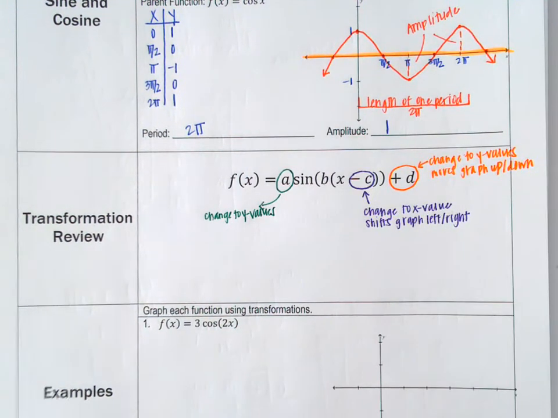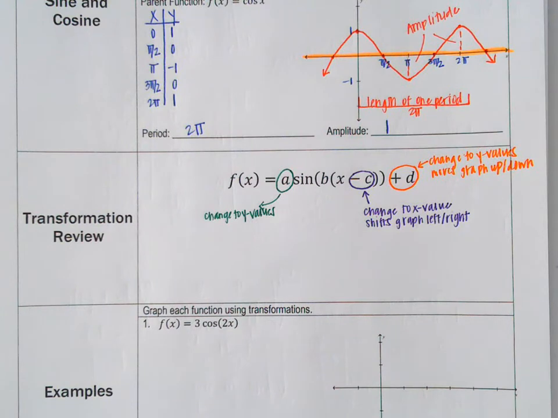And remember with A, I referenced those exercise bands. So it's like when we pull up on the exercise band, it stretches it. And when we let go of the exercise band, it's like a compression. It's like getting wider. And that's exactly what A is.